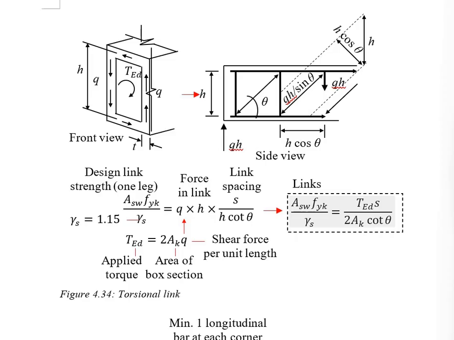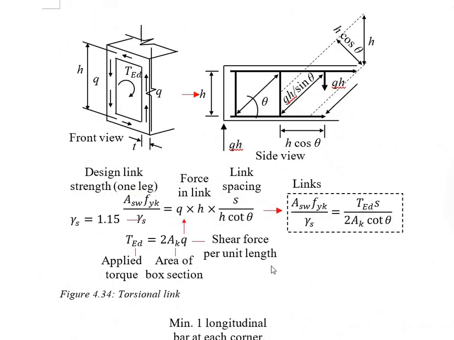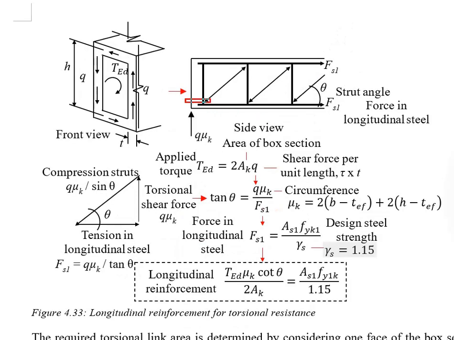One more thing is that we have the longitudinal reinforcement for torsion. We also have the torsional link. This reinforcement for torsional resistance shall be added on top of the full bending and shear reinforcement required. That means whichever amount you have calculated as required for the longitudinal reinforcement due to the bending resistance, and then you have also calculated a certain amount of longitudinal reinforcement for the torsional resistance.